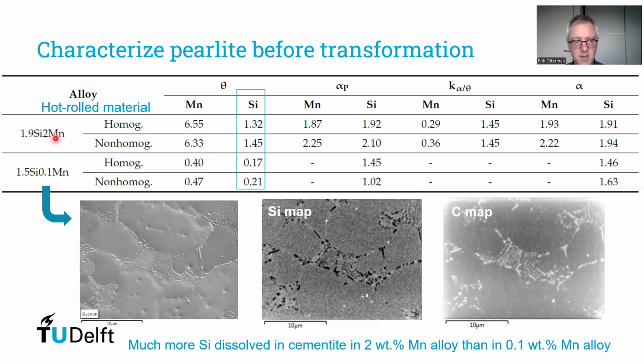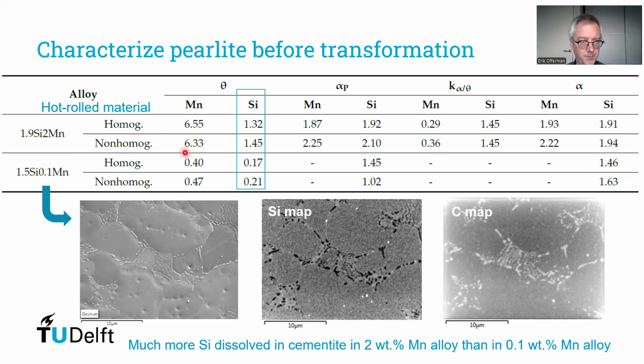What we also see is that in the alloys with 2% of manganese, a substantial amount of silicon can dissolve in the cementite. So this is the alloy with 1.9% silicon, and 1.3% can be incorporated in the cementite in case there is also a substantial amount of manganese in it.